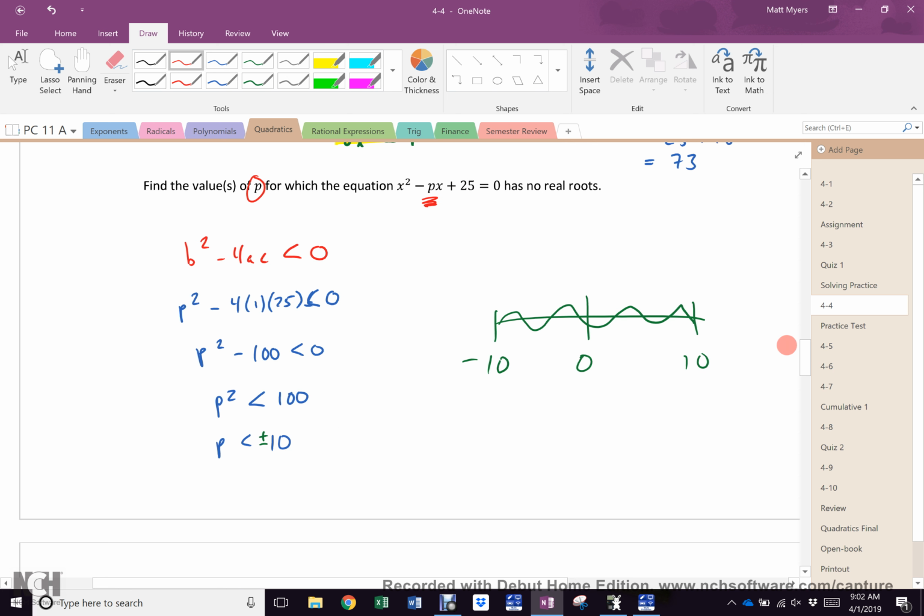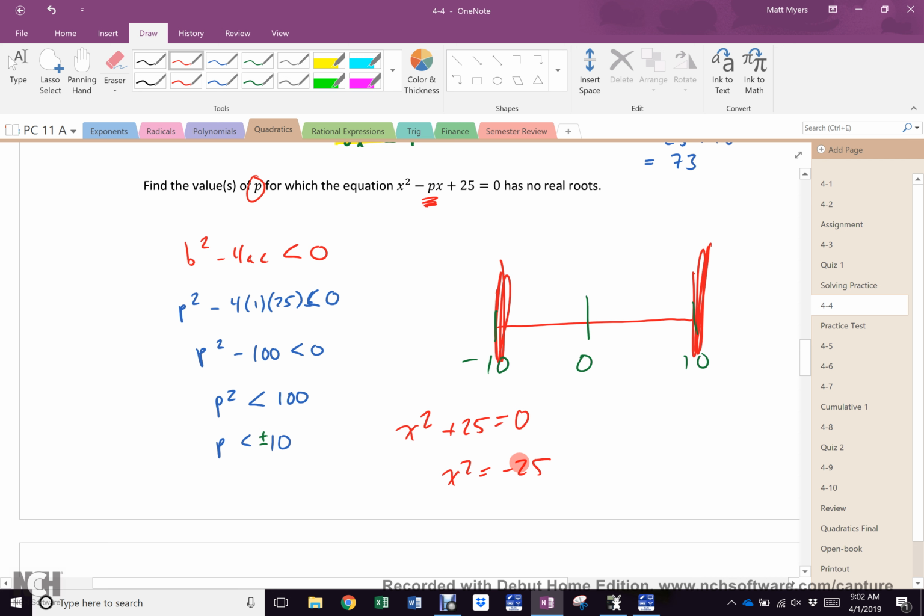Now, what happened back up here? What's the easiest number to work with there? 0, agreed? I know it's going to be plus or minus 10, right? Check with 0. That's going to be x squared plus 25, right? Equals 0, so x squared equals negative 25.